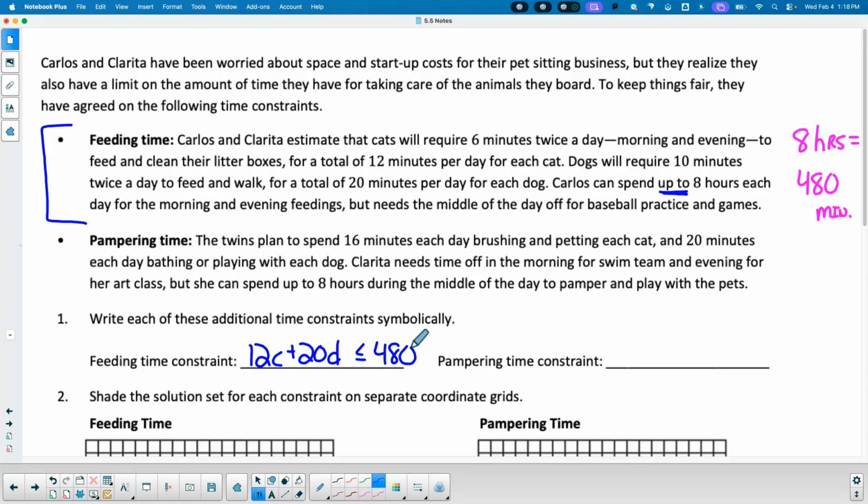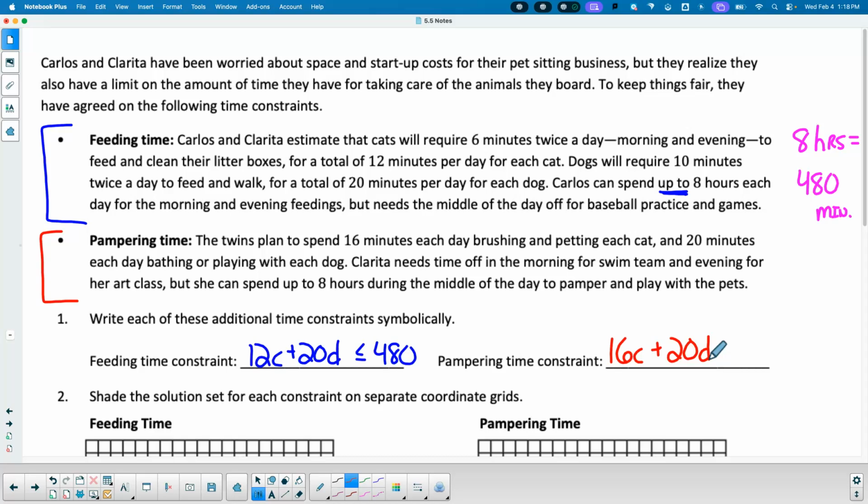Okay. Let's come up with a pampering time inequality. What would the pampering time inequality be? Go ahead. 16C plus 20D equals 480, or not equals, but like a sign.